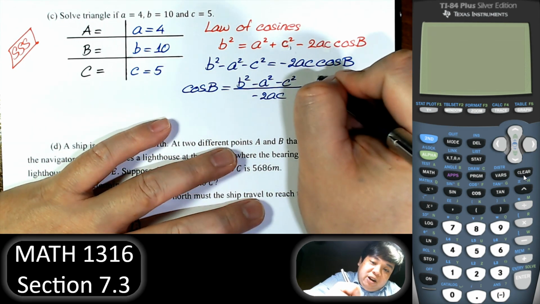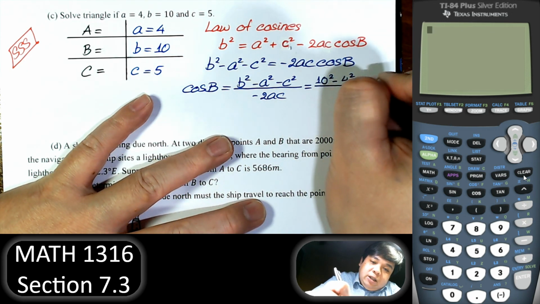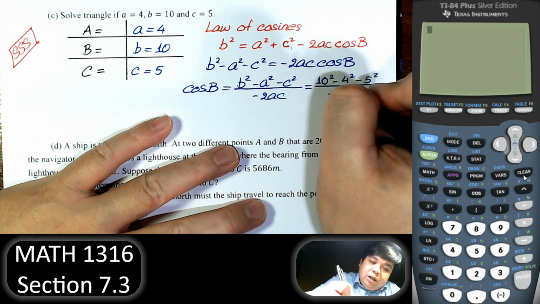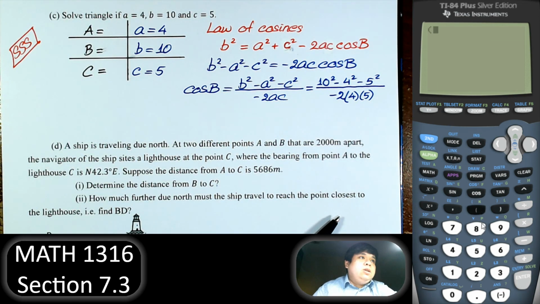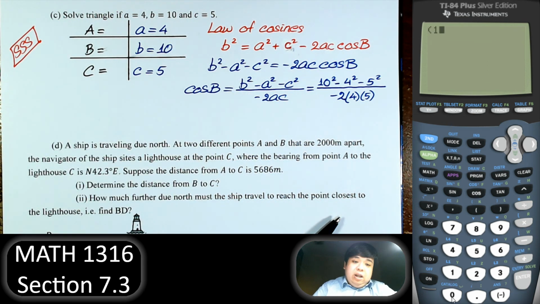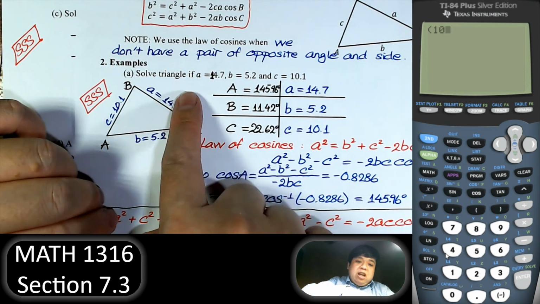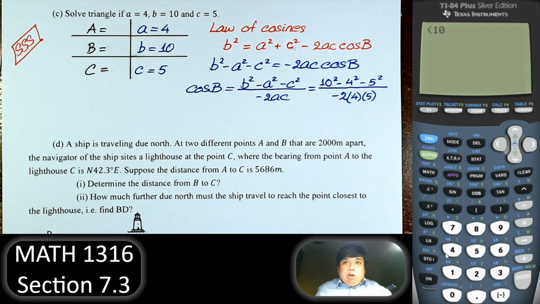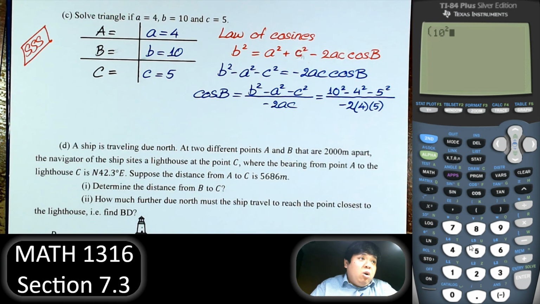Since the numbers are simple enough, 10 square, 4 square, 5 square, negative 2ac. If the numbers are too simple, it's not worth storing them, because typing 4 is faster than typing 11. Previously we had a bunch of decimal numbers, a little more complicated, so I would store those. That will be shorter than typing the number itself, but of course you can always just type the whole numbers in.